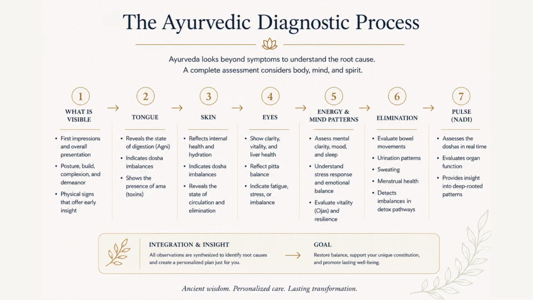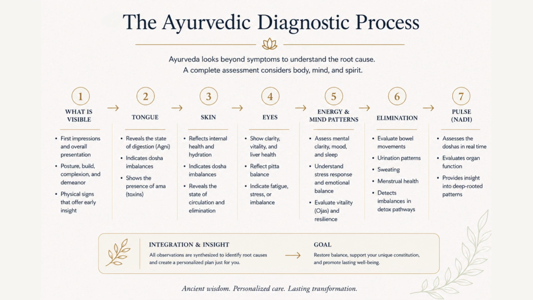So in Ayurveda, we start with what is visible, because Ayurveda is very practical. Before you reach for complexity, you look at what's already in front of you. So this is a beautiful graphic on the Ayurvedic diagnostic process, and I'll give you a moment to screenshot this. But what I want you to take away from it is you look at what's already in front of you.